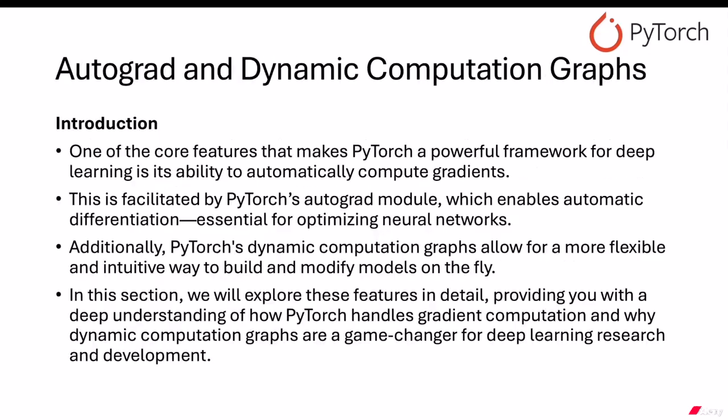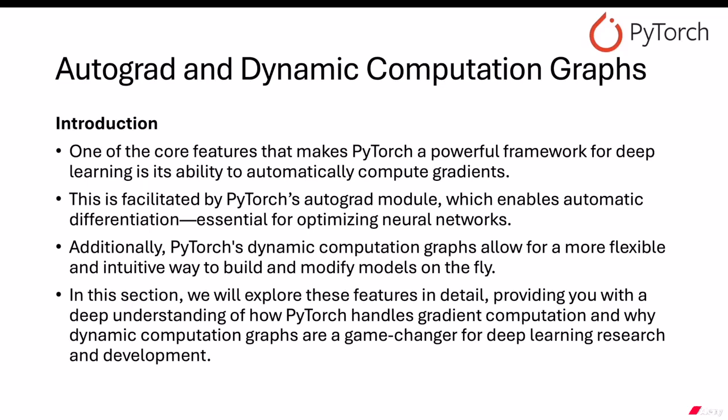Autograd and dynamic computation graphs. One of the core features that makes PyTorch a powerful framework for deep learning is its ability to automatically compute gradients. This is facilitated by PyTorch's Autograd module, which enables automatic differentiation, essential for optimizing neural networks.